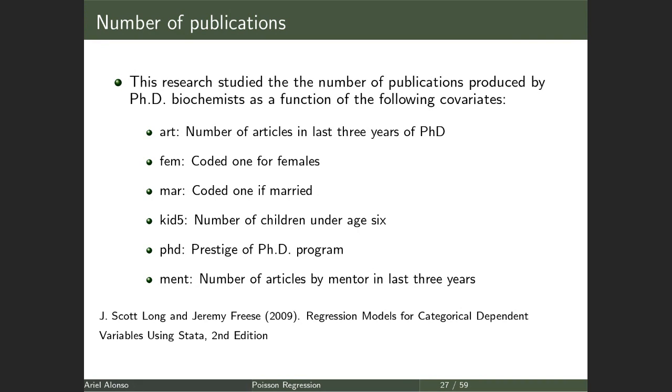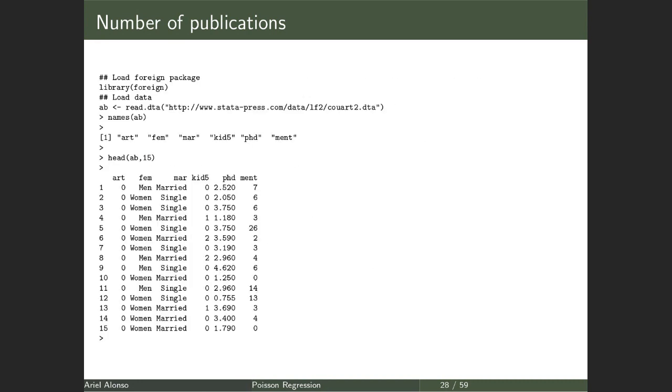The number of children under the age of 6. The prestige of the program that they are following, and mentor, which is the number of articles that the supervisor published in the same period of time. These are the variables we want to consider. And if you are interested, here you have the reference for this case study.